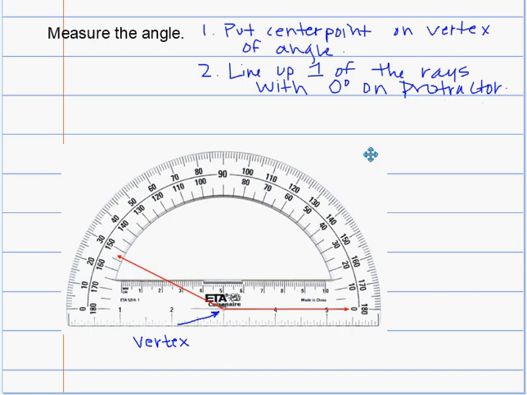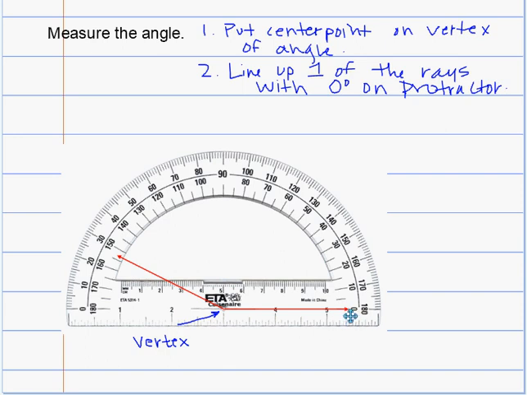Notice the vertex is on the center point, and this ray, it could be the other one, is lined up right here at 0. Notice this side says 0, 180, and the other side says 0, 180, but the 0 is on the inside on this side, and on the outside on this side. You can line up either way, and I'll do an example in just a minute where I turn it.